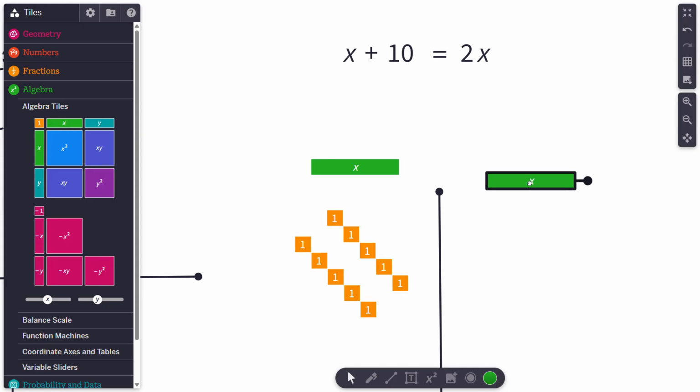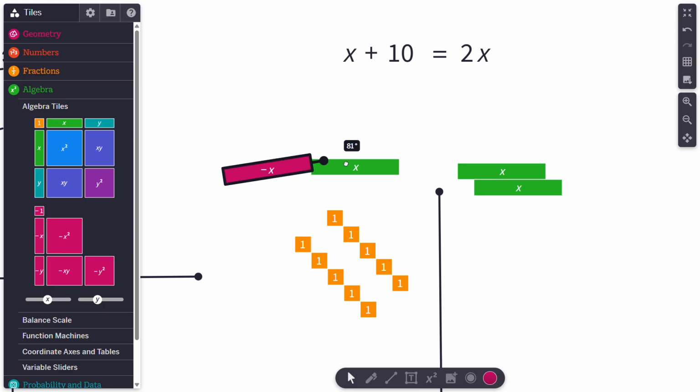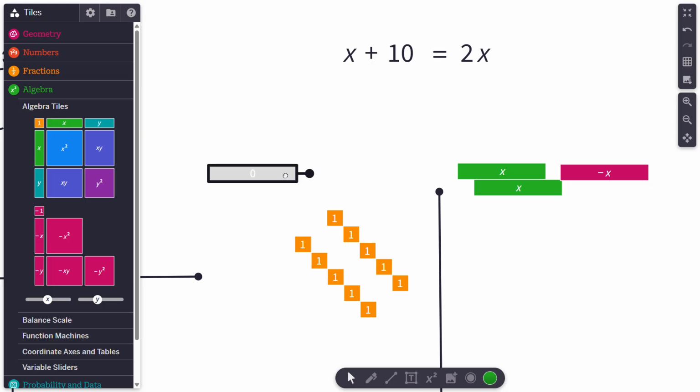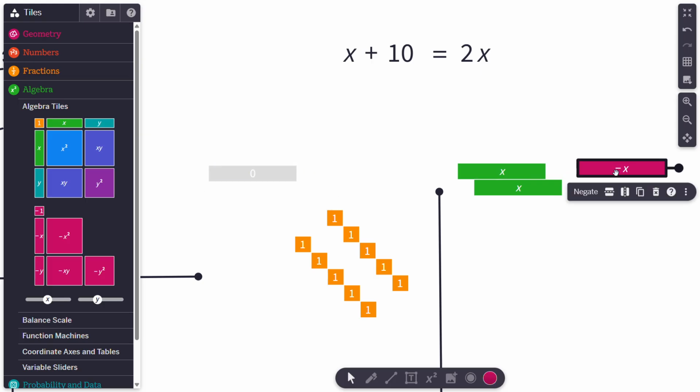Now we can go like that, and we can just literally 2x. Easy as done. So let's get the x's on one side first. So we're going to subtract x first. And to do that, we have to put in a negative x on both sides. So that will cancel that one, and we will cancel that one.